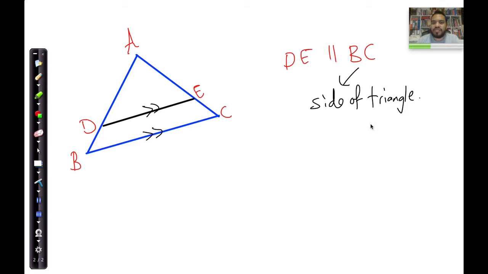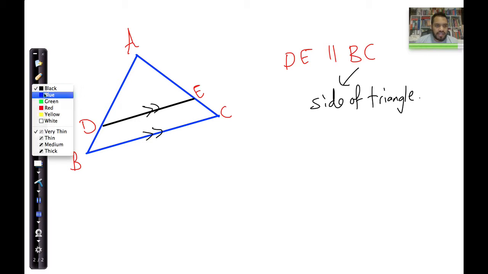If we go back to the proportionality theorem, it said if a line is drawn parallel to one side of the triangle, then it's going to divide the other two sides proportionally. That means that AB and AC will be divided proportionally.